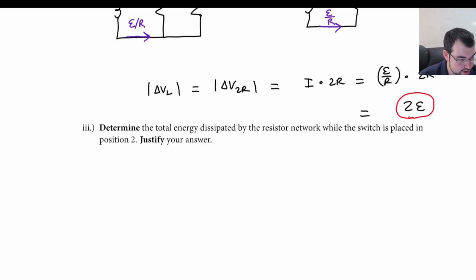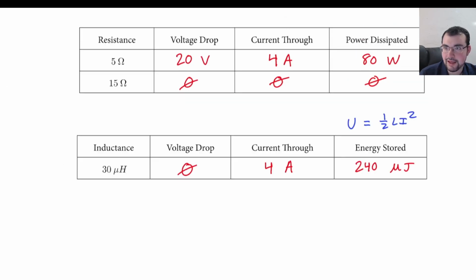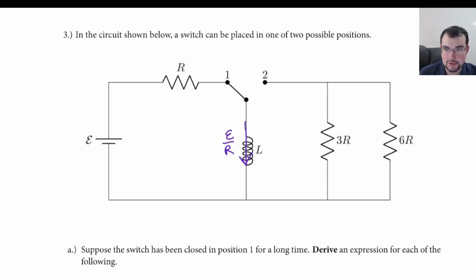Determine the total energy dissipated by the resistor network while the switch is placed in position 2. Well, this is actually pretty easy, because we said that the energy stored initially is this quantity. And there's no extra energy being input into the system when I flip the switch.